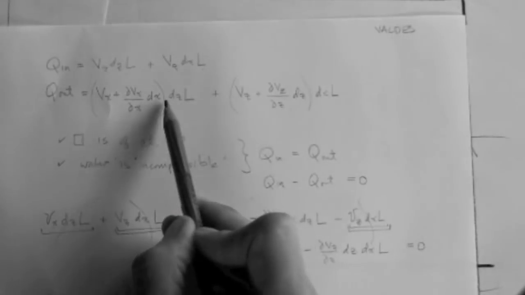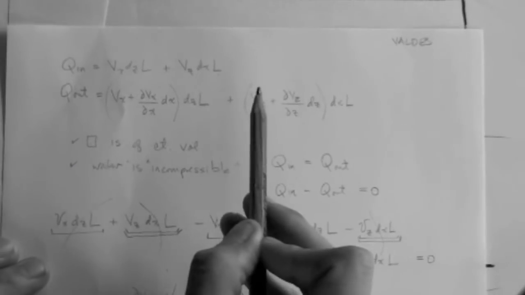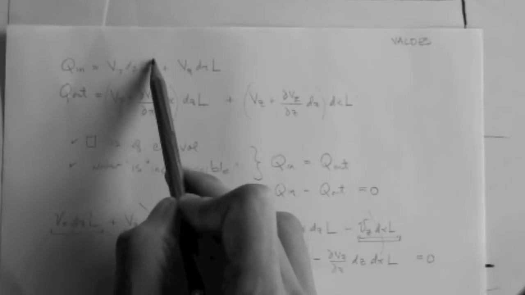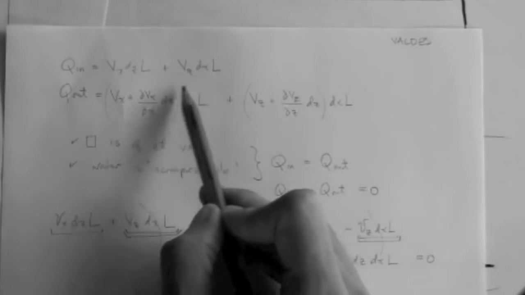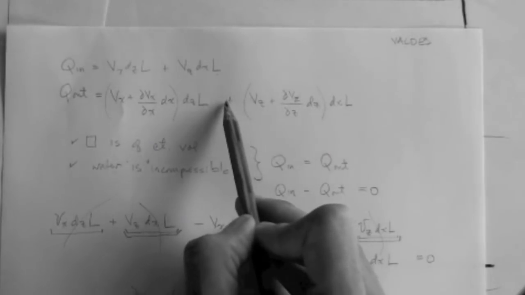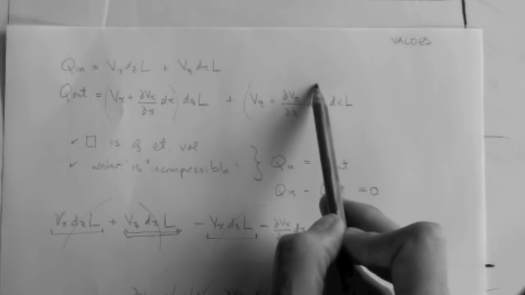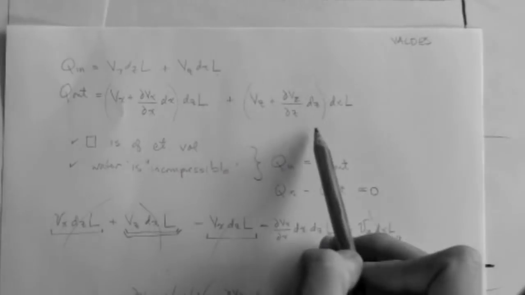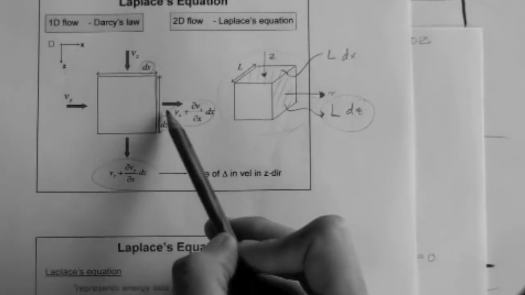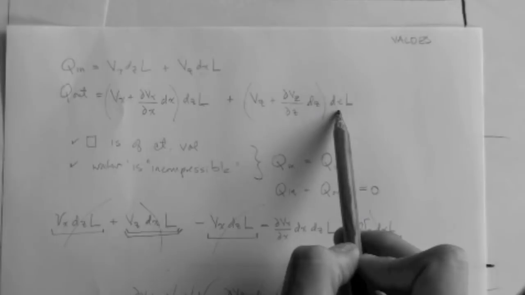The area is dzL, just like up here, the cross-sectional area of flow. Now in the z direction, the velocity of the fluid coming out of the point is given by this term, and the area is dxL, as shown here as well. Q in, Q out.